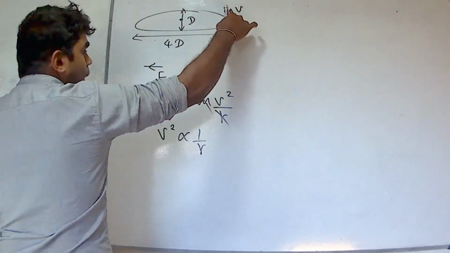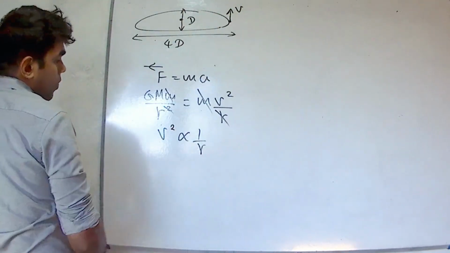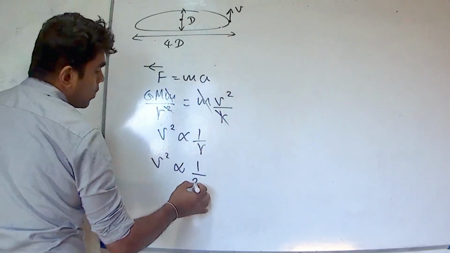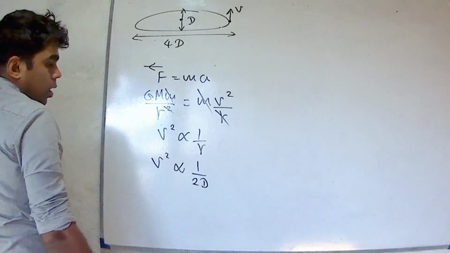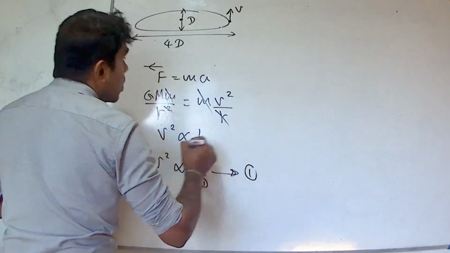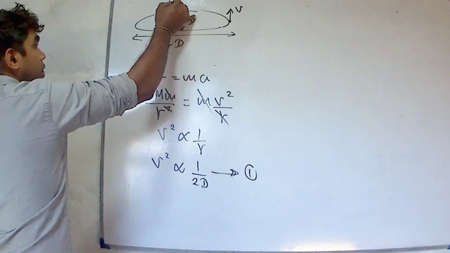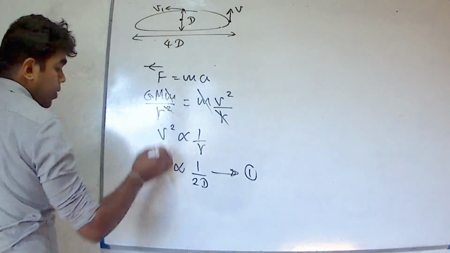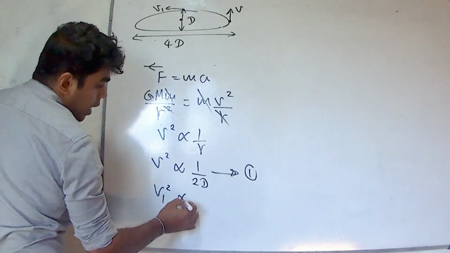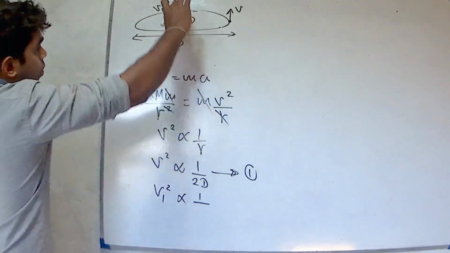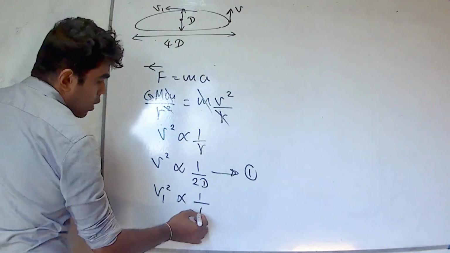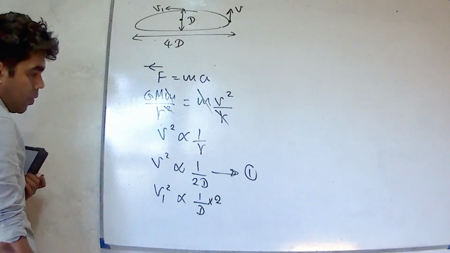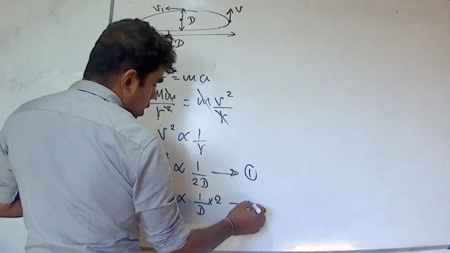Then for this point, we can write v squared is inversely proportional to the radius, which is 2D. This is the first equation. For this point, we can consider the velocity as v1, then v1 squared is inversely proportional to the radius, which is D divided by 2. Now it is the second equation.